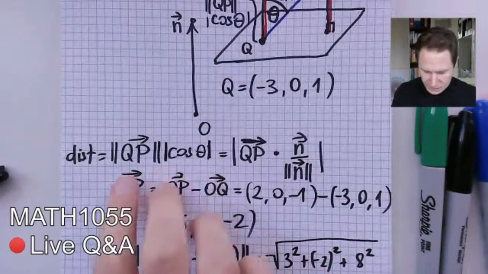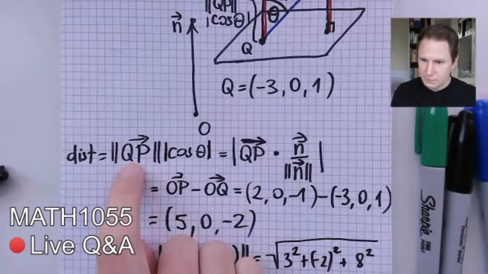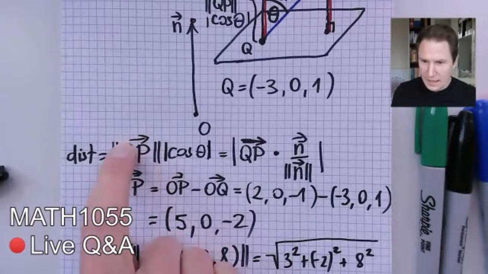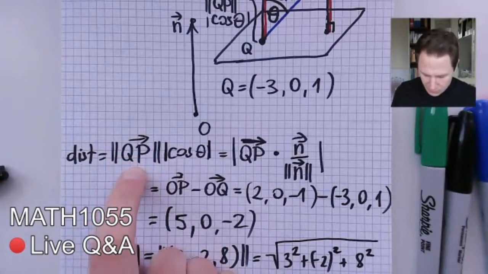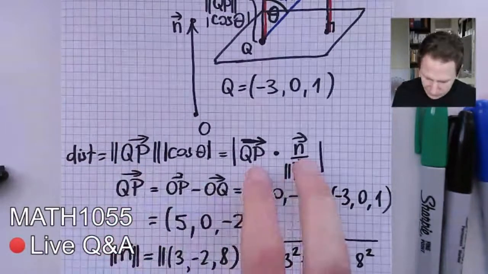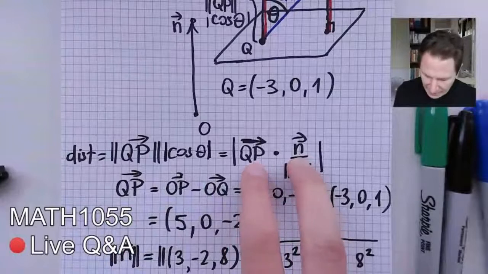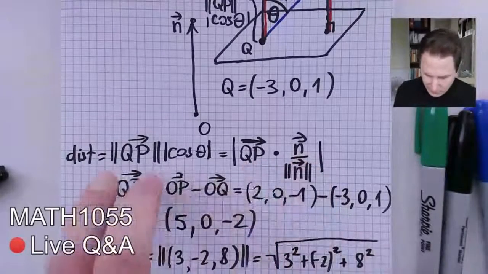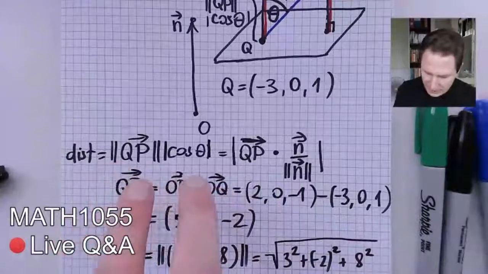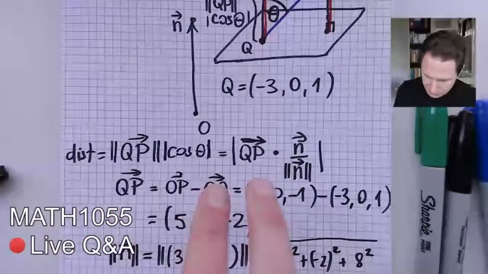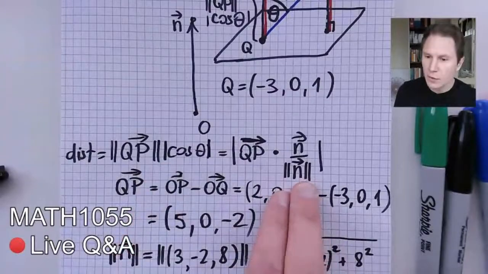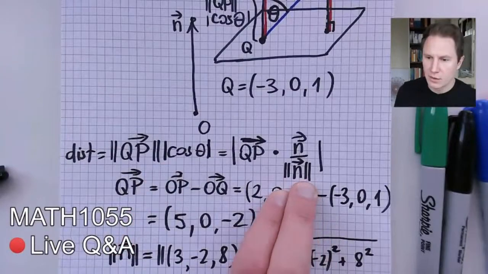All I said was that the scalar product of QP and n is in fact the length of QP, times the length of n multiplied by the cosine of theta. So all I did was just rearrange that equation.